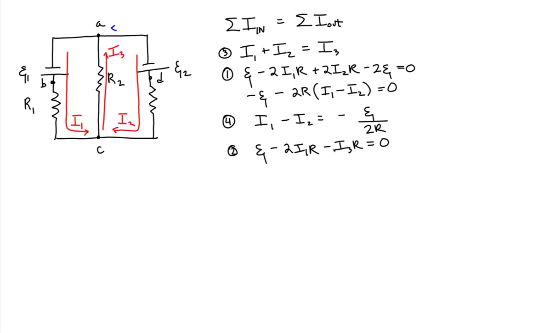So in isolating I1 and I3, I see that I could write 2I1R plus I3R is equal to the EMF of battery 1. Factoring out an R, or dividing both sides by R, we have 2I1 plus I3 is equal to the EMF of battery 1 over the resistance. Let's call this equation 5.